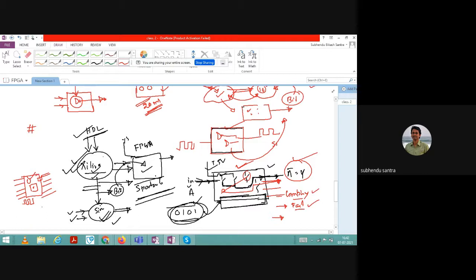If you compare with the Arduino, the Arduino has a limited number of input output pins or PWM pins, but here in a smaller board, out of a 3000 or 4000 price board, you can have 10 or even 20, 40 number of input output pins available. And the size is very small.